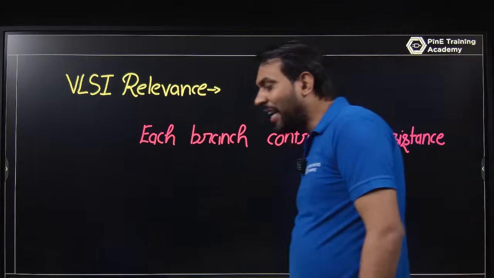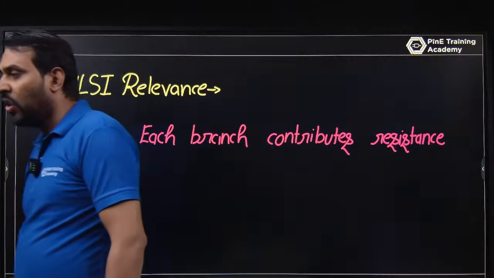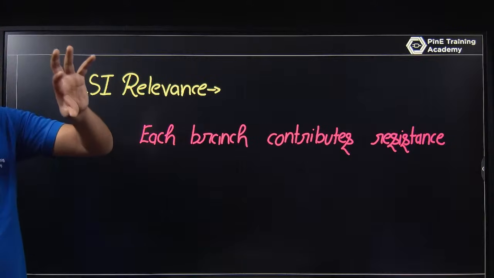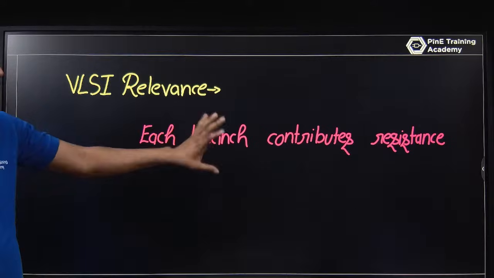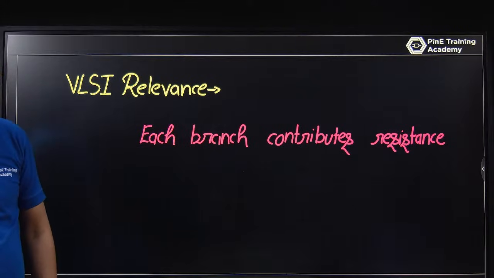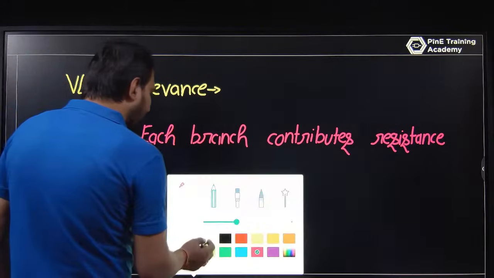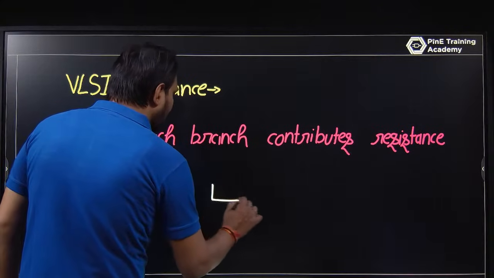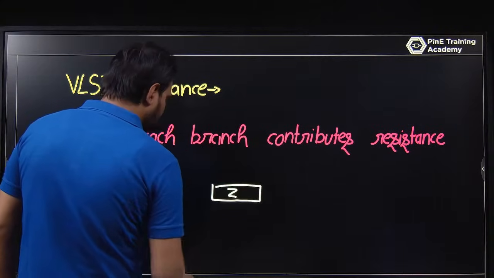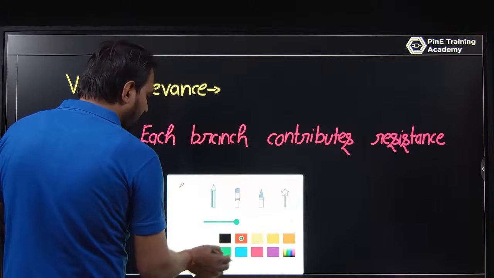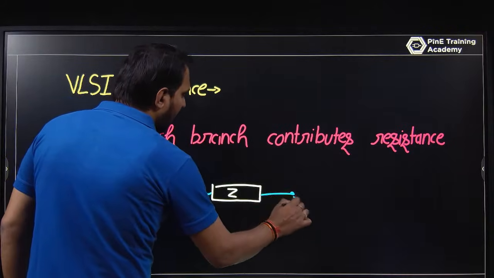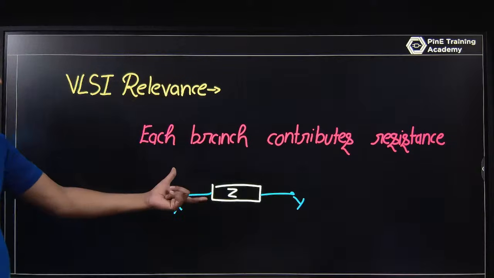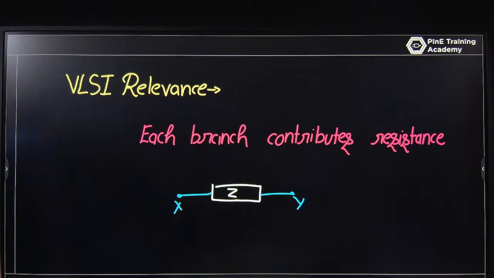What is the VLSI relevance of the branch? Whenever you have an element between two nodes, of course it has a resistance. Every branch contributes resistance. Let this be an element, and you are connecting it between X and Y, connecting this Z. Of course, you require a metal.